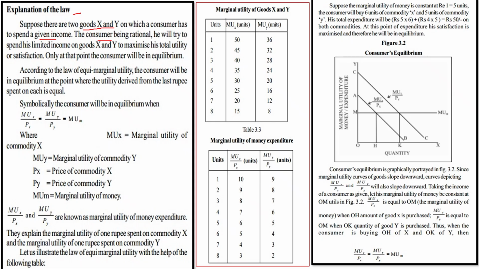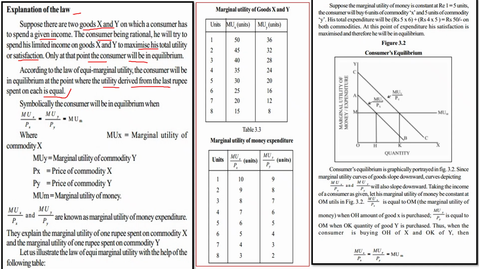He will try to spend his limited income on goods X and Y in such a way as to maximize his total utility or satisfaction from both goods. Only at that point will the consumer be in equilibrium. According to the law of equimarginal utility, the consumer will be in equilibrium at the point where the utility derived from the last rupee spent on each is equal.